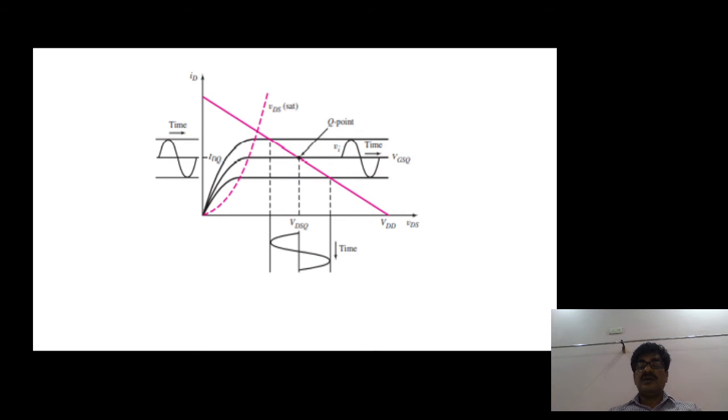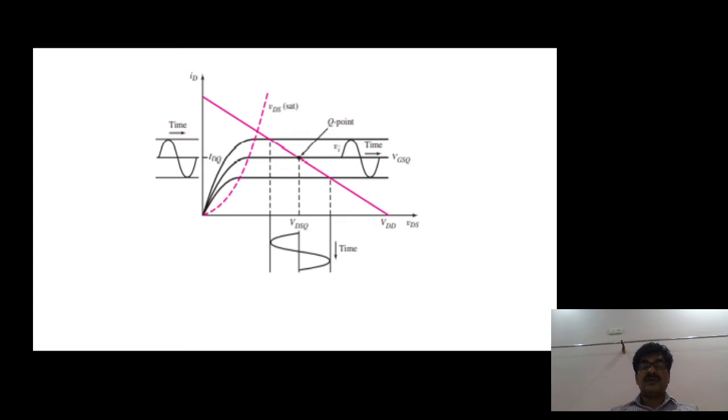Now we are going to apply a time varying signal at the input, that is at the gate. With reference to this, you can observe the corresponding time varying drain current, and you can also check the time varying voltage drop between drain and source. That is the graphical analysis.